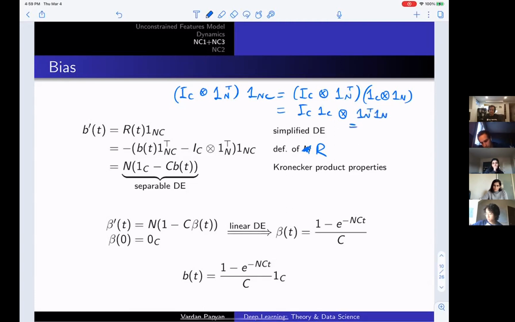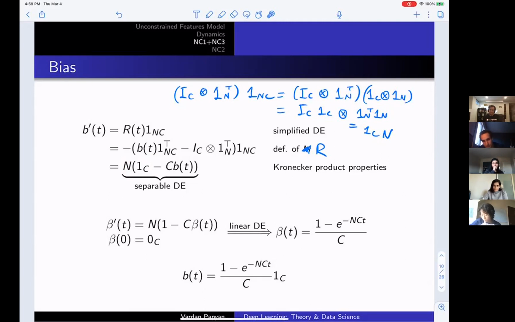Now the identity multiplied by the ones vector is just a ones vector of length c, and 1n transpose 1n is just n, right? So you just get a ones vector of length c multiplied by n, which is in fact what you have here. So I'm just verifying that we know how to do basic manipulations with Kronecker products. It seems like we know.